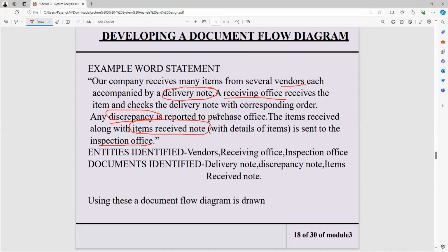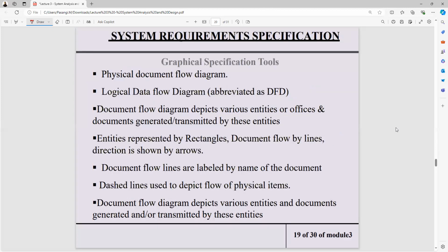How are we going to draw this document flow diagram? These are the steps which we need to follow when we are representing this entire English statement in a graphical format. So the physical document flow diagram will be there, and then the logical data flow diagram, which we abbreviate as DFD.